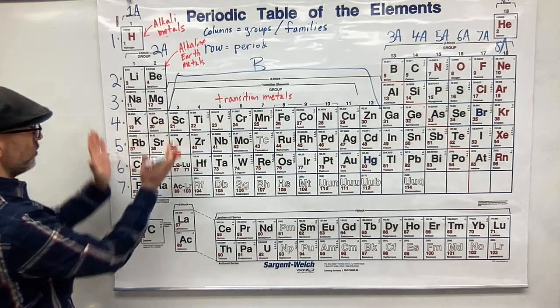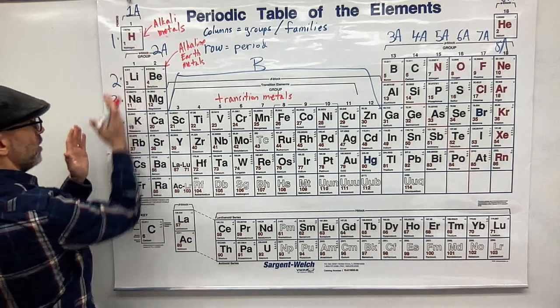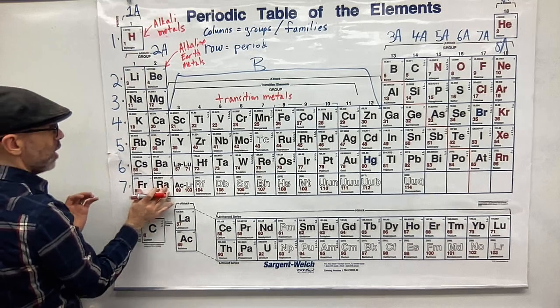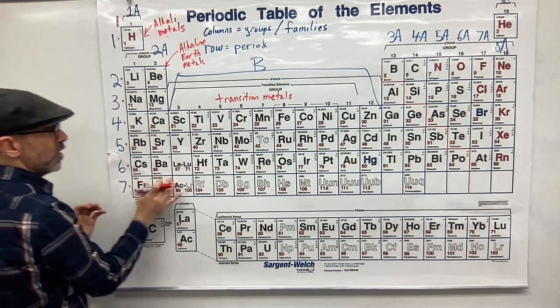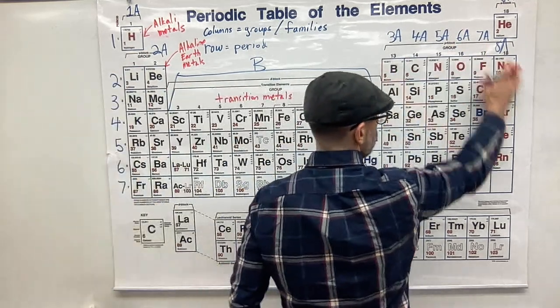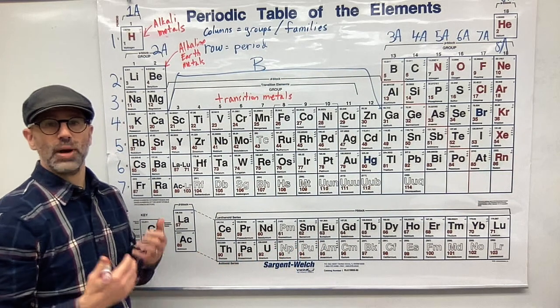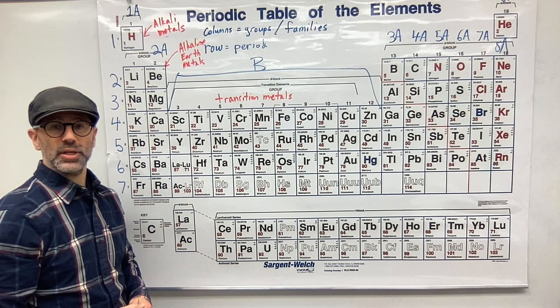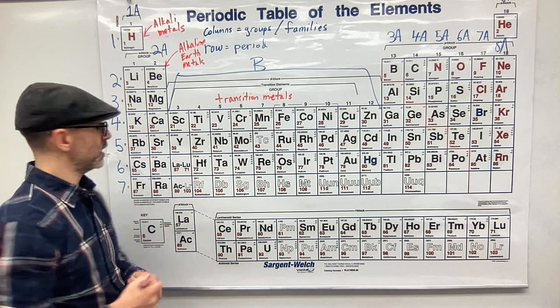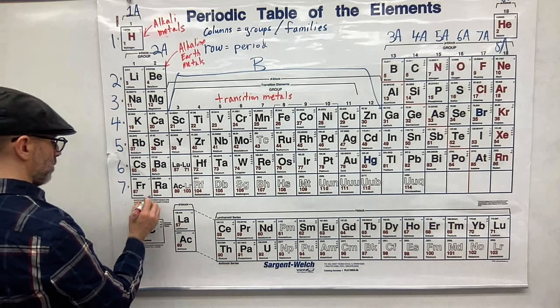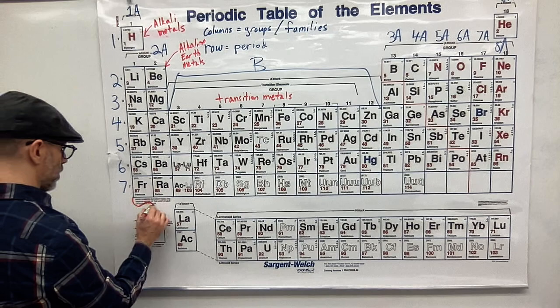And this set of groups here, so these two groups here and these 6 groups here, are commonly known as the main group or representative elements. So the main group elements or representative elements. So I can maybe put it down here.